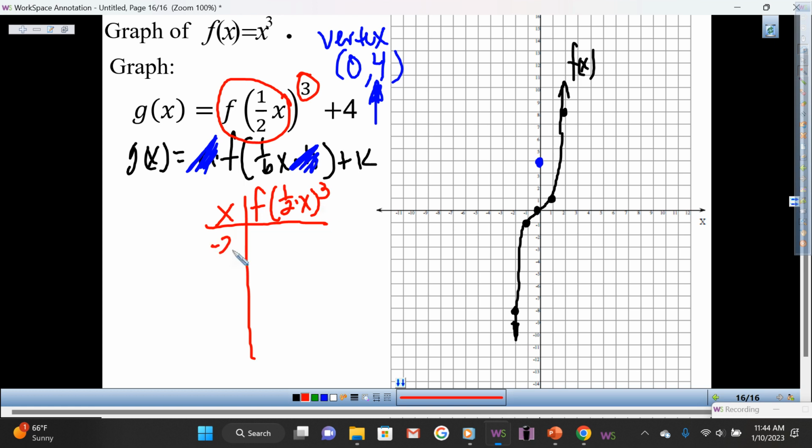So therefore, negative 2. You should have written 1/2 times negative 2, cubed. That becomes negative 1 cubed, which is negative 1.